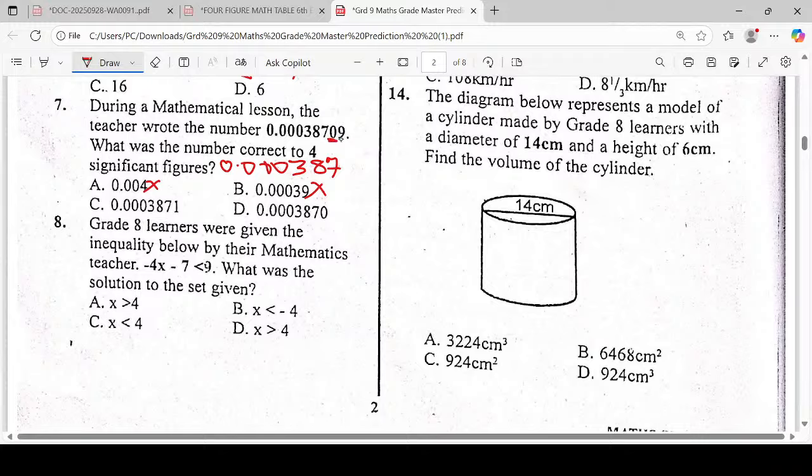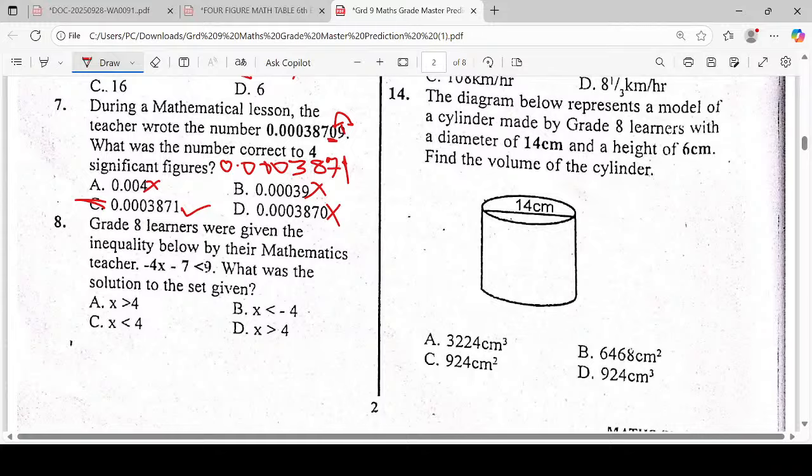But you look at the digit on its right. It is greater than 5. If it is 5 or greater than 5, it will increase this one here by 1, then it disappears. Then that makes it a 1 at the end. Looking at our choices, the correct choice is C for cat.